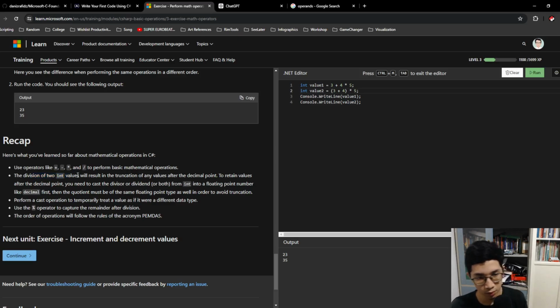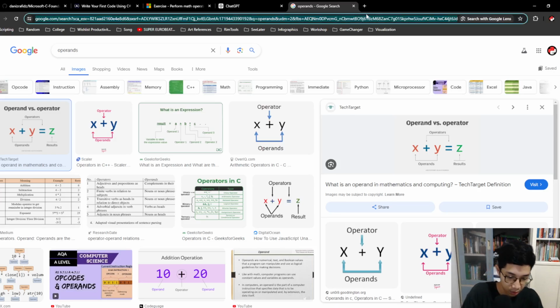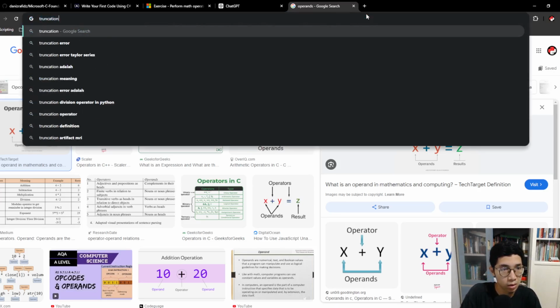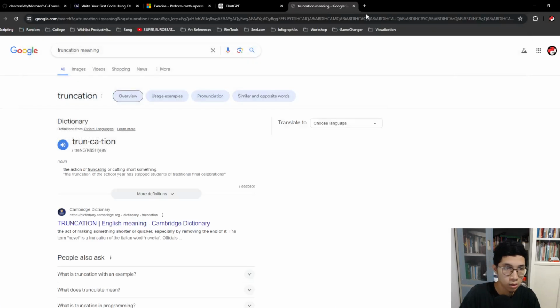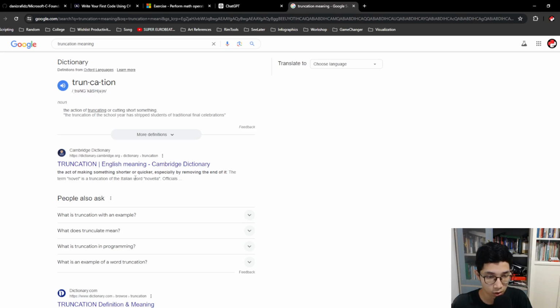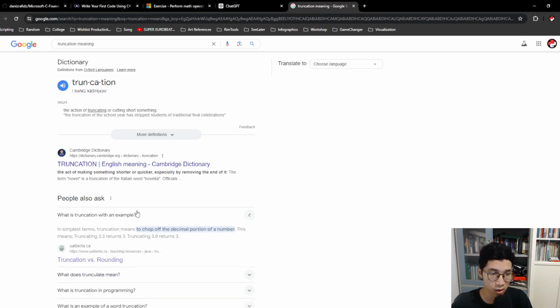The division of two integer values will result in truncation. What is truncation? The act of making something shorter or quicker. Shortcut is basically shortcut.